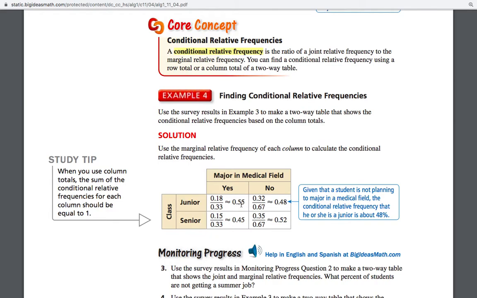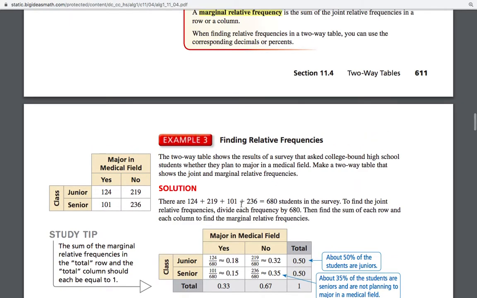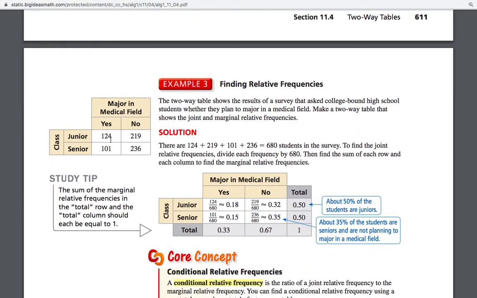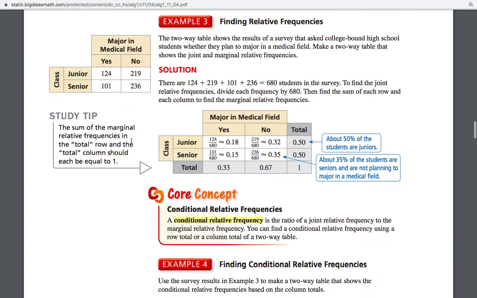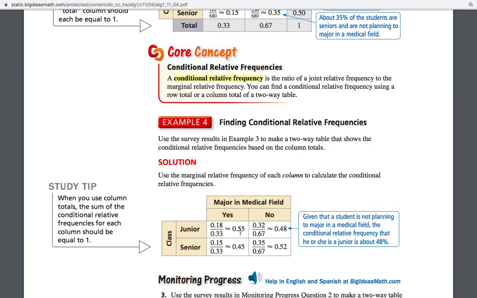The other way that we could have done that is we said this was 124 and this was 225. If I wanted to find this conditional relative frequency where I'm dividing by the column, I could take 124 divided by 225, and that is going to give me that same answer, that 0.55, that 55%.